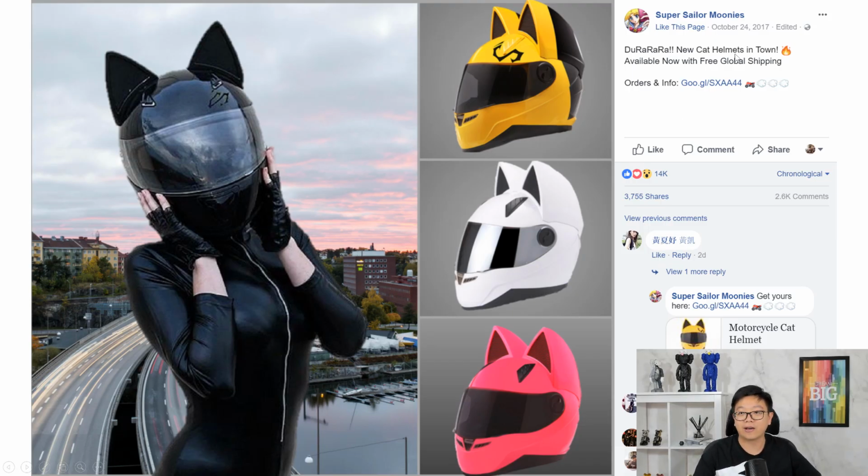All right, what is this? New car cat helmets. All this kind of cat, dogs niche usually goes really viral. I don't know why. I'm a dog guy, but I still don't usually share this kind of product on my personal Facebook unless it's super viral, or I really want it. Look at this.